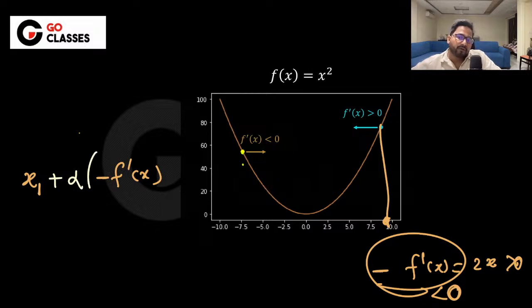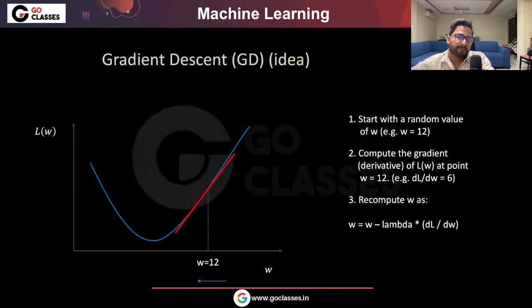Alpha into this, which means if alpha is high, you will be making a high jump. If alpha is low, you might be making smaller jumps. Maybe with some example it will be more clear. Let's do some example. For example, let's suppose you are here, and you want to know whether to go to the left or right, then you can take the differentiation, and then take the negative of that differentiation.